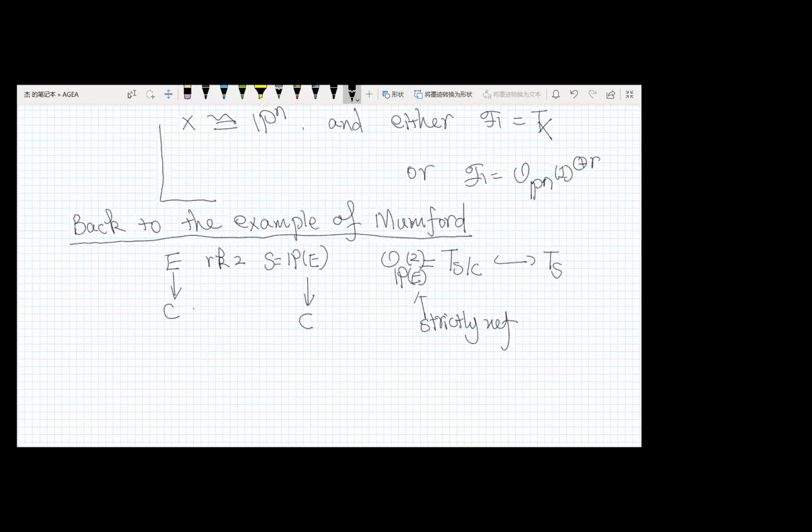That means that you can find a projective bundle such that the relative tangent bundle is strictly nef. So if you have a projective manifold such that the tangent bundle contains a strictly nef subsheaf, it's not necessarily the projective space itself. So there are other possibilities.